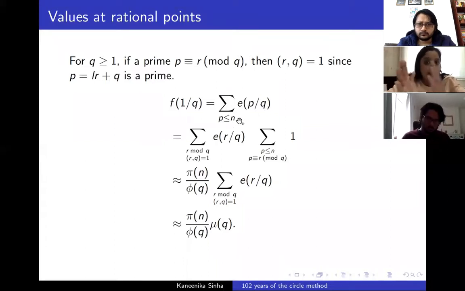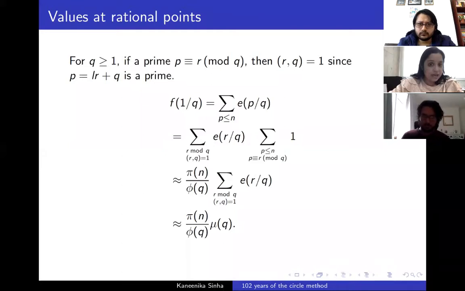Again, we classify terms of this sum into appropriate residue classes mod q. So the outer sum is over all those r mod q which are co-prime to q, of e of r over q. And in the inner sum, for every such residue class, you also have to count the number of primes up till n which are congruent to r mod q.